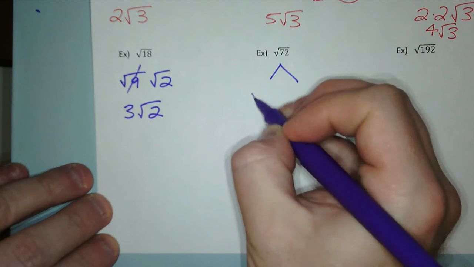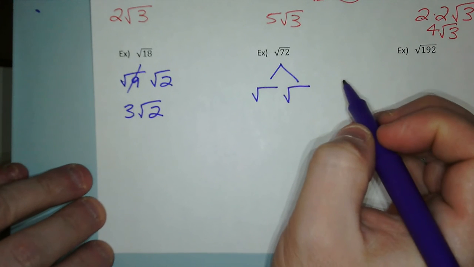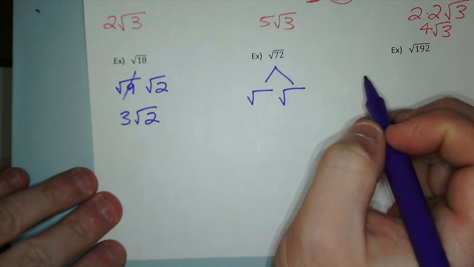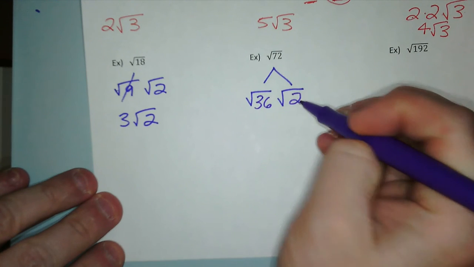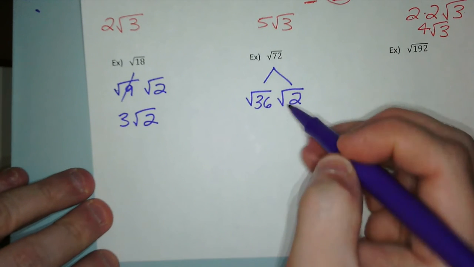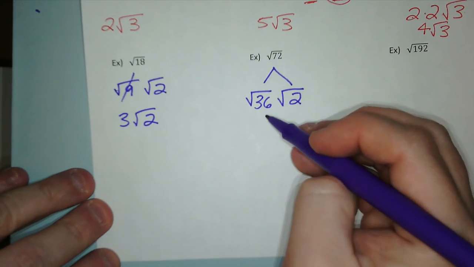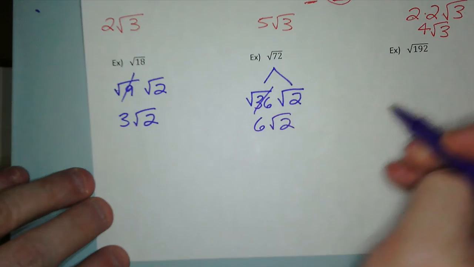So I'm not going to do the square root of 9 times the square root of 8, because the biggest one, I think, is 36. So again, you've got to find the biggest perfect square you can. So that's just 6. And there we go.